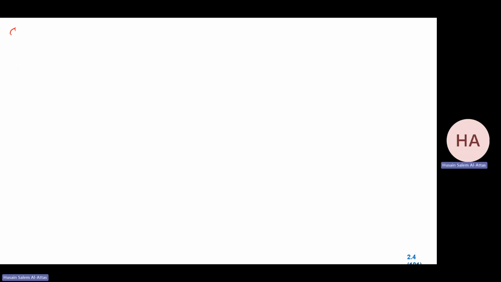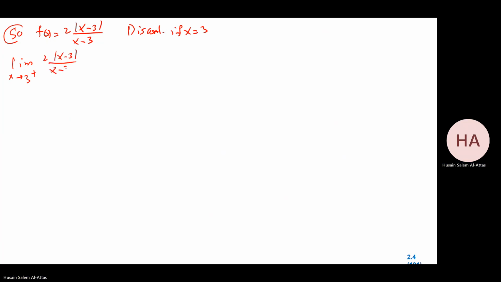We'll do 50. And the function is 2 absolute value x minus 3 over x minus 3. Well, this is discontinuous if x equal to 3. Check the limit as x goes to 3. Since it's an absolute value, 0, so I need to do it from right and left.